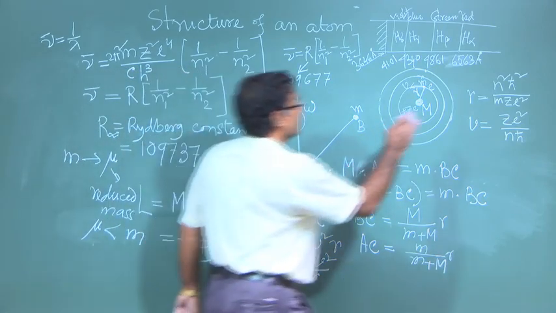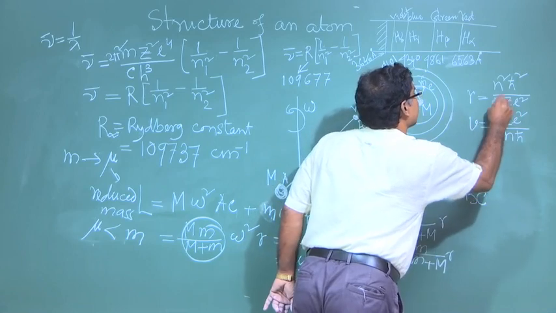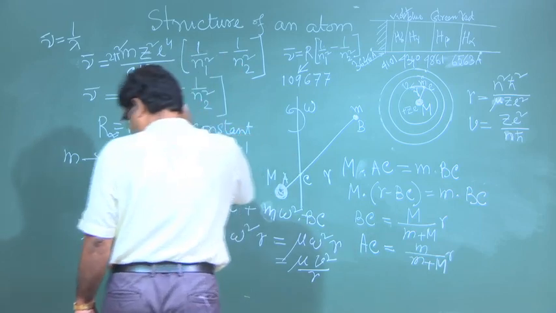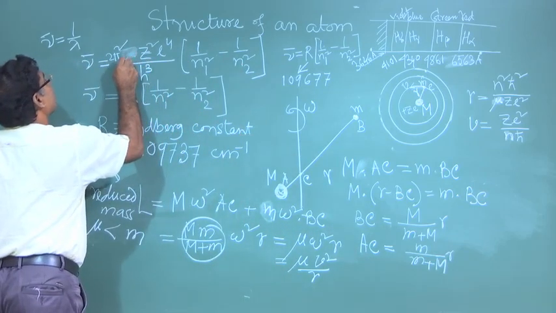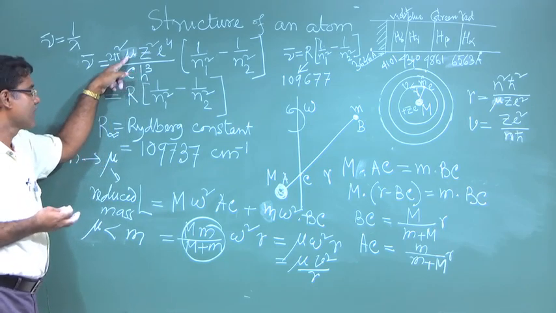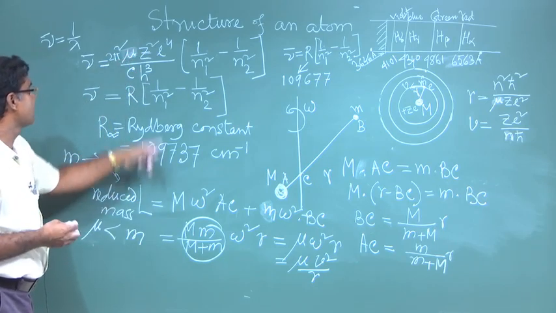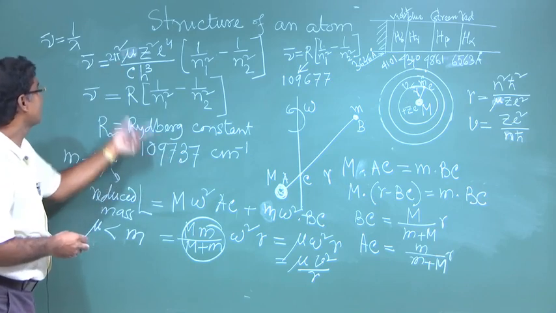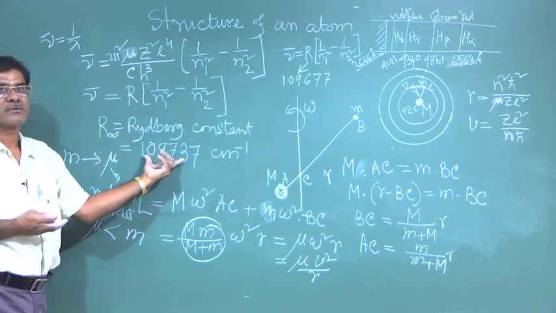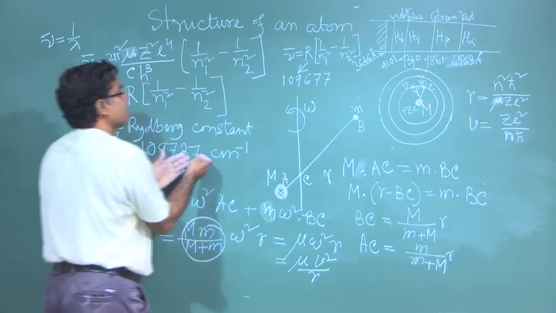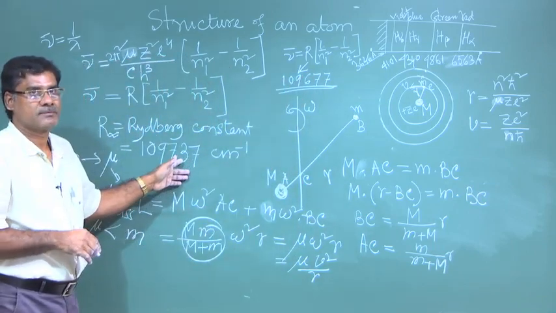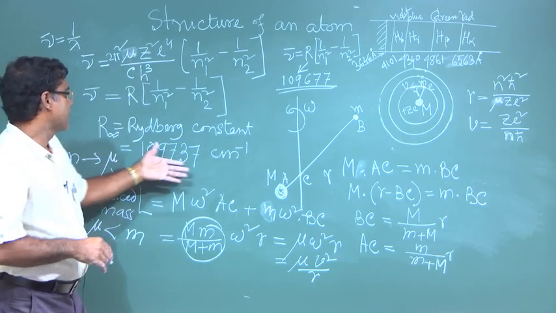So, this m we have to replace by mu. Then for the Rydberg constant, since mu is less than m, it will be reduced, and it will give this value.